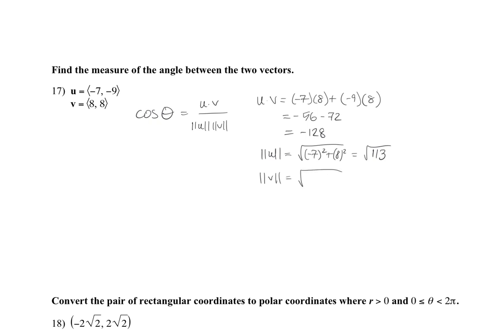Magnitude of v is the square root of 145. So the dot product is -128.